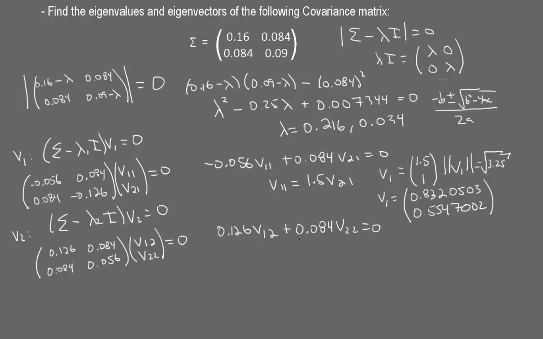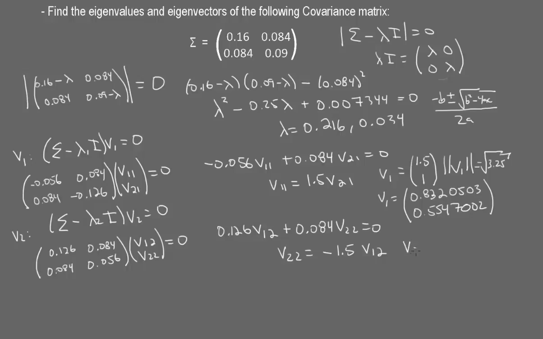And what we get here is that v22 equals negative 1.5 v12. So we bring this value over here, and we get negative 0.126 v12 divided by 0.084, and that gives us this equation here.